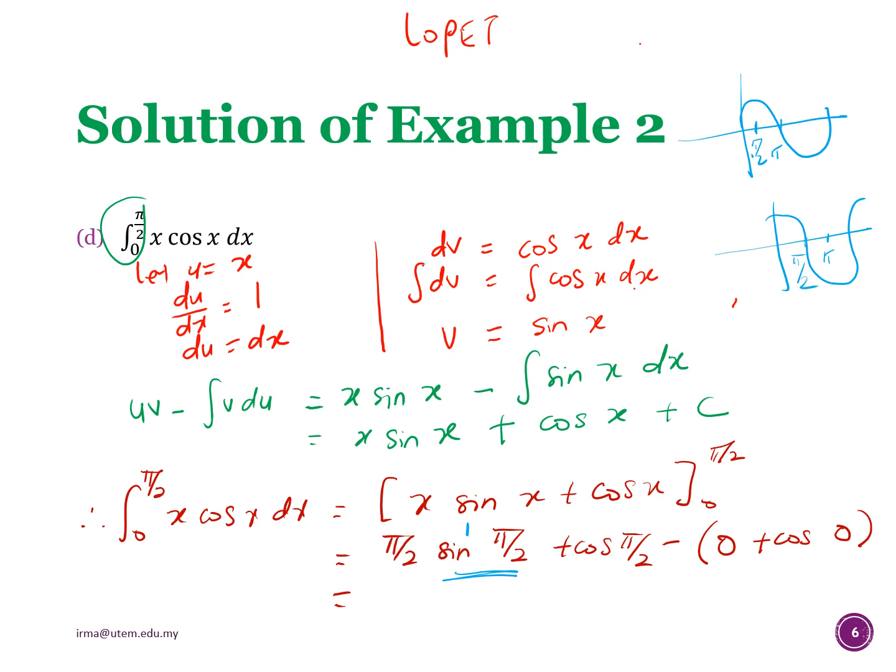So cos pi over 2 is equal to 0. Okay, and cos 0 is equal to 1. So the final answer will become pi over 2 minus 1. Okay, so this is the solution for D.